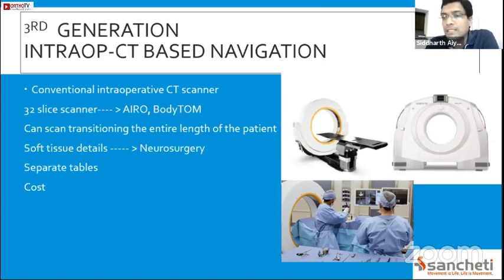There are certain issues like a separate table being required, because a regular table will not fit into the gantry of such CTs. Additionally, this intraoperative CT gives you good soft tissue detail, so maybe of usefulness to neurosurgery, not particularly to spine surgeons or orthopedic surgeons like us, but yes, it has some additional benefits.